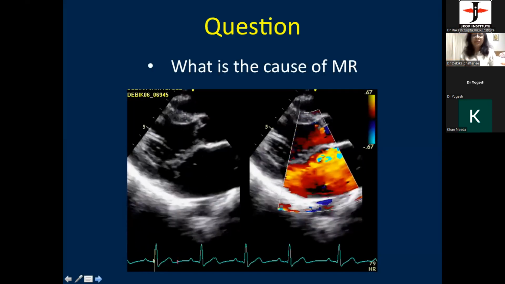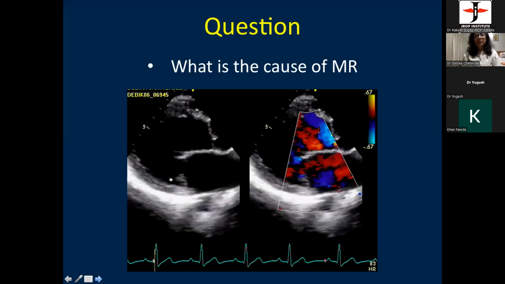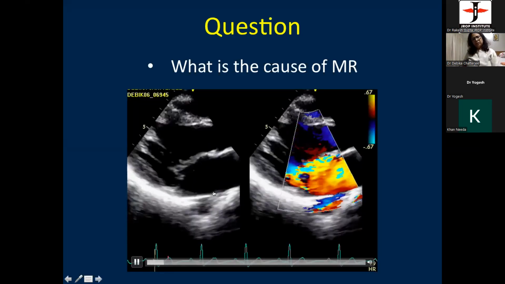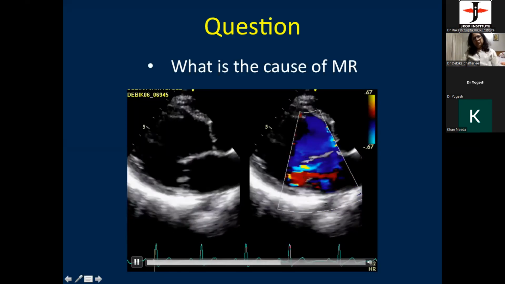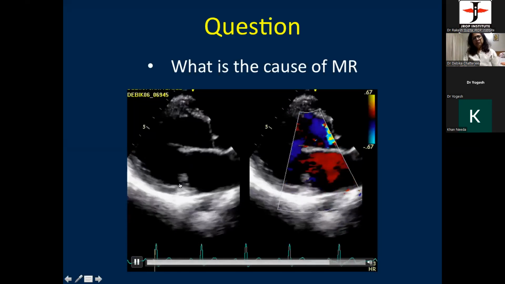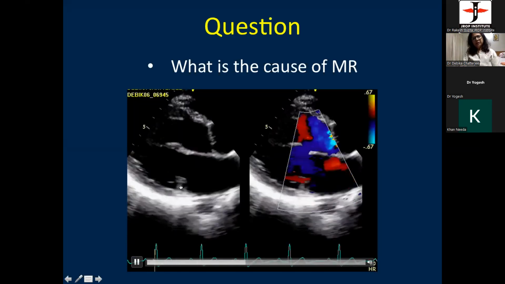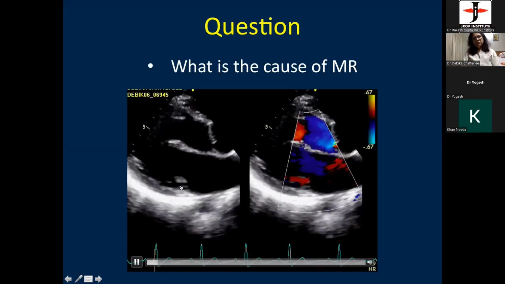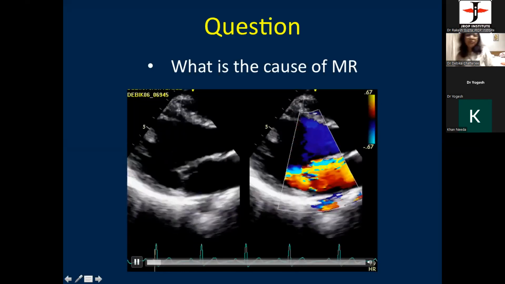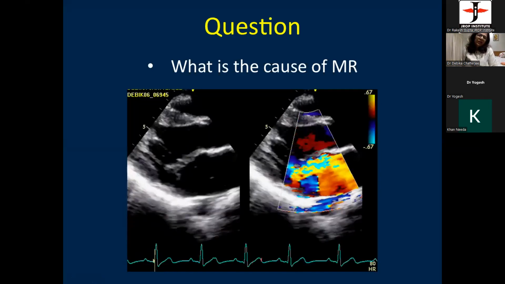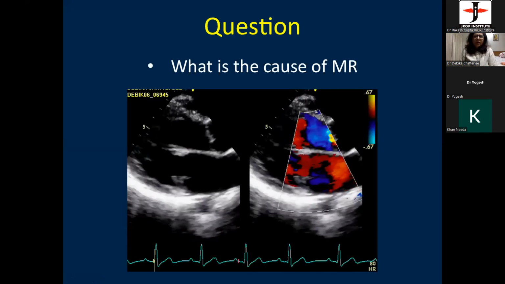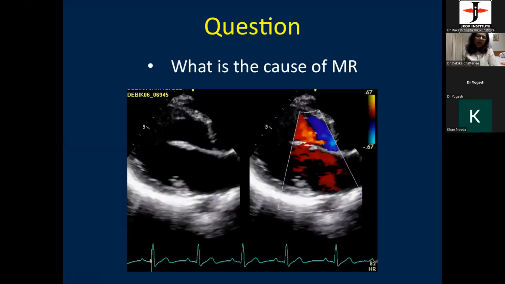Forget about MR; first look at the 2D. It seems to be a single leaflet there, madam. There's no PML there. What is this structure? This is the PML. Here is the AML, here is the PML. The AML is thickened. This is a zoomed picture, so that is why you are finding it thickened; it's not thickened so much. There is a typical finding which is causing this. How is the MR?